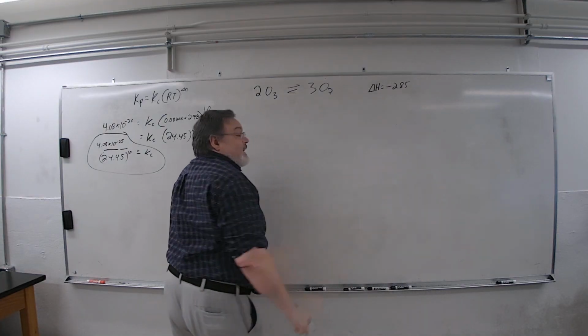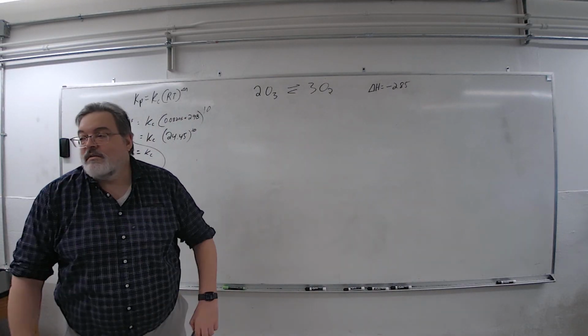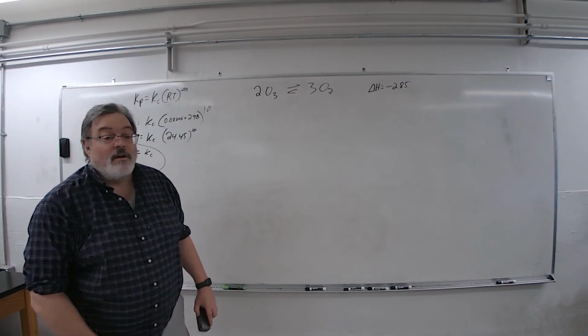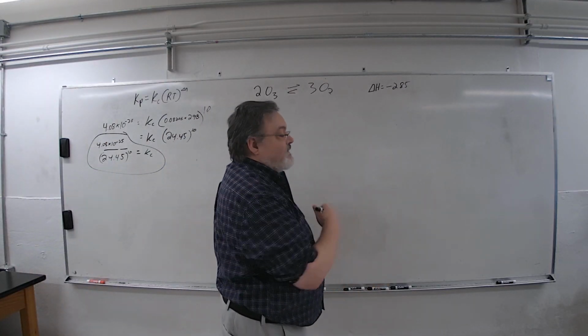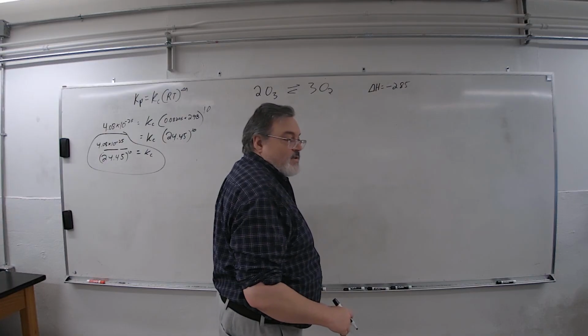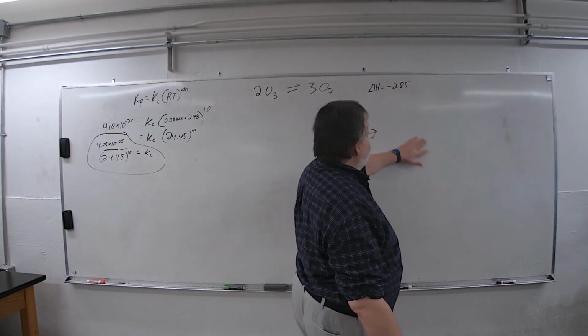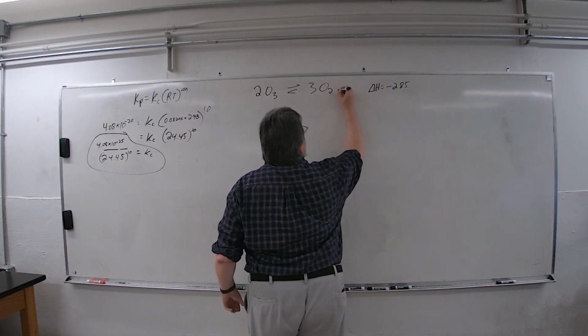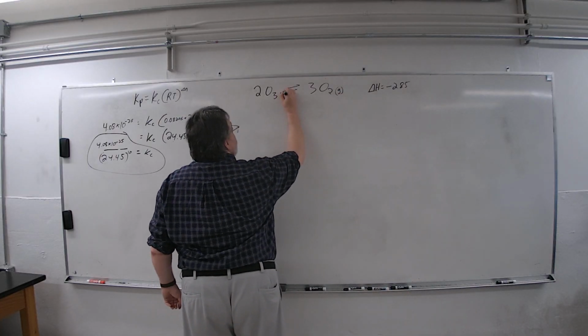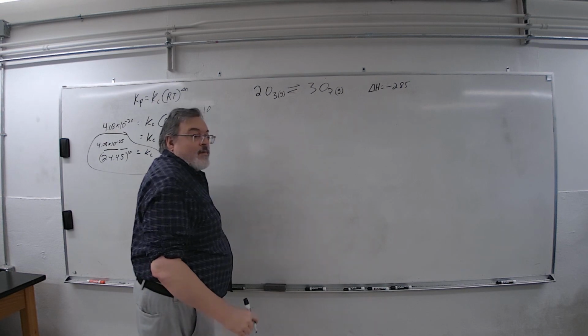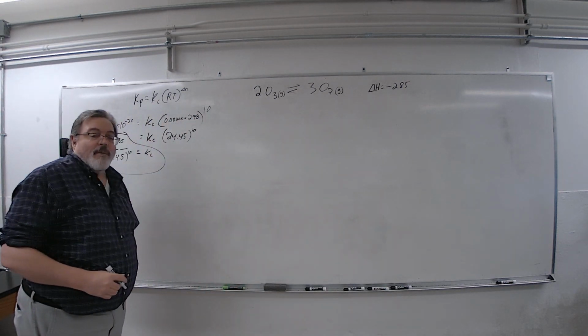It's negative, so which side do I want to write the heat on? Right side. On the right side, but you know what? This is about pressure, not temperature. So this is a red herring, really. So do you need to look at that when you're looking at pressure? For pressure, no, you don't need to look at that at all. So just ignore that? Yep. It's a red herring if I'm asking about pressure.